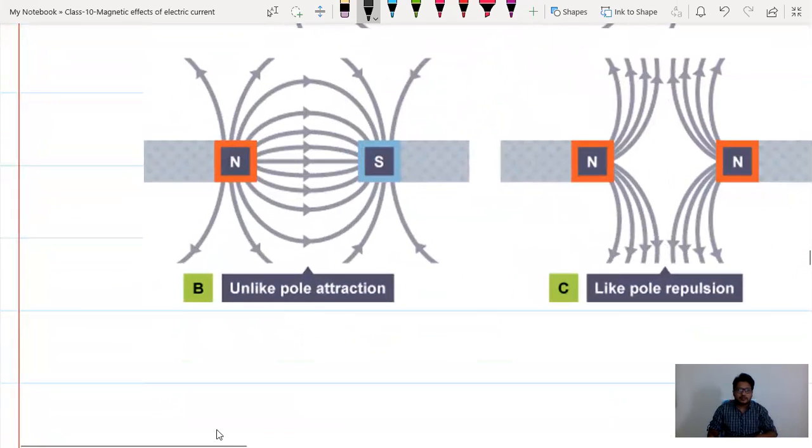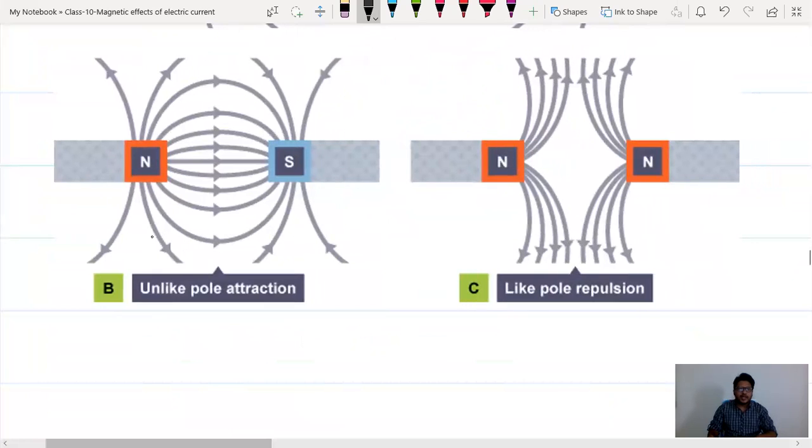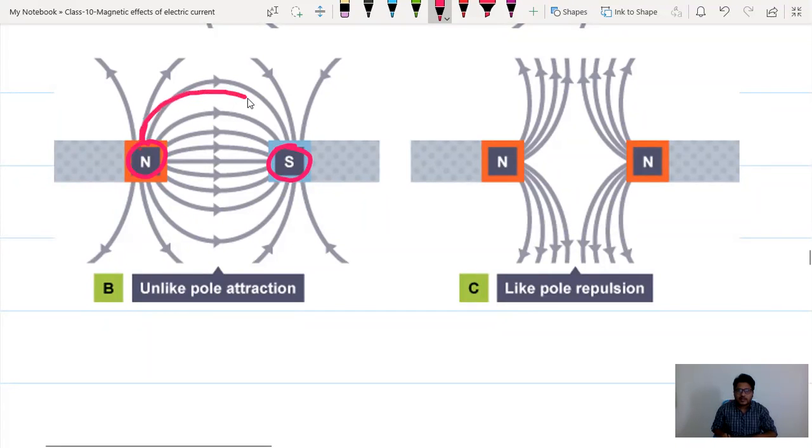This first condition, if you bring unlike poles, now you can observe there is north and there is south. From north, line will emerge, and of course, south is very near to each other. So what will happen? Directly it will go and touch the south, so that there will be attraction between these.